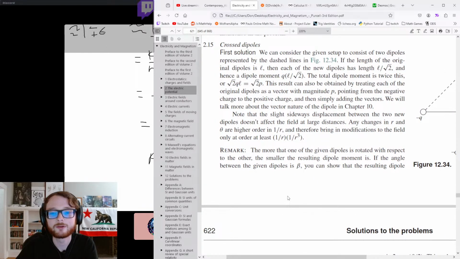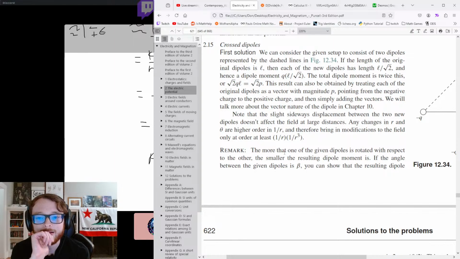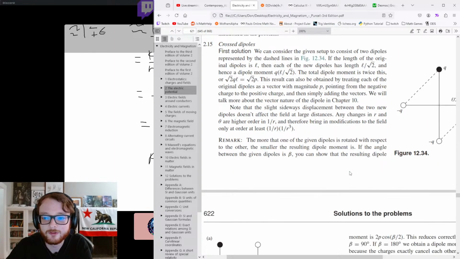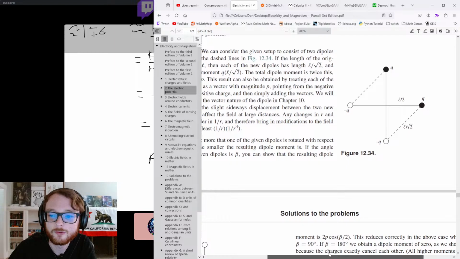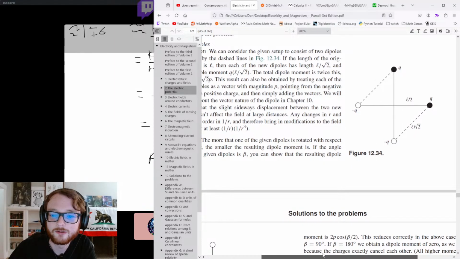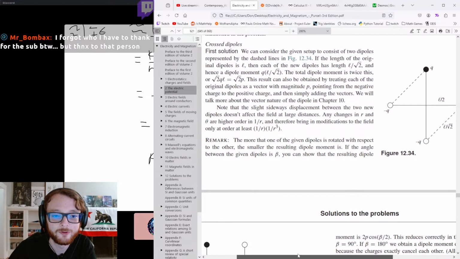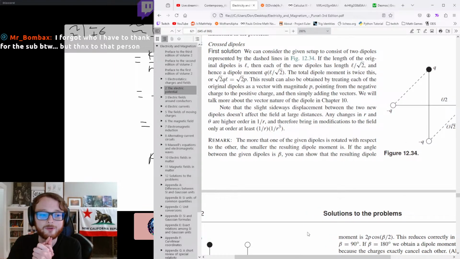Okay. There's multiple solutions. Oh, look at the figure too. Looking at them, instead of vertical and horizontal dipoles, as two diagonal dipoles. And then you can add them because now they're parallel.